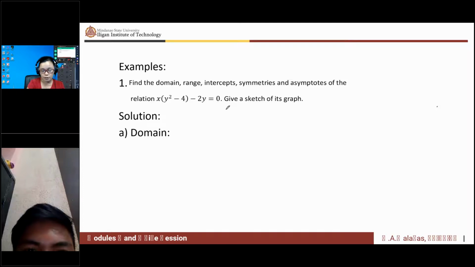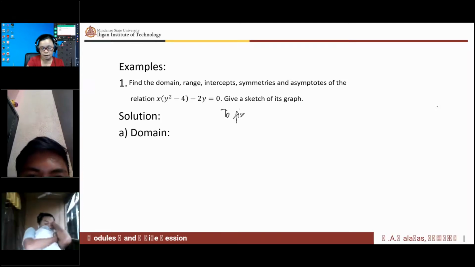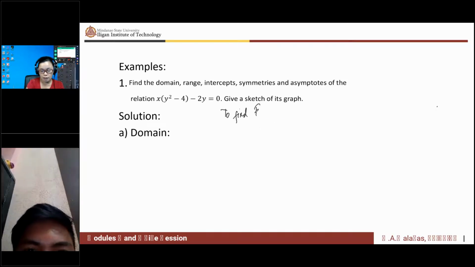How do we find the range? We solve for x in terms of y.